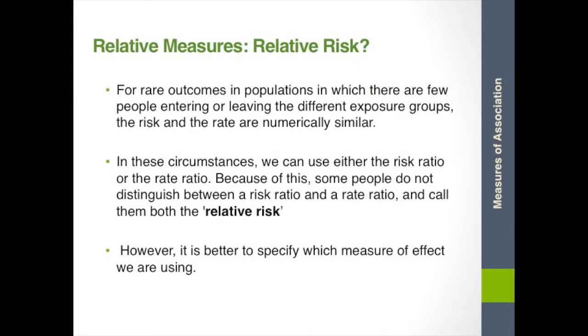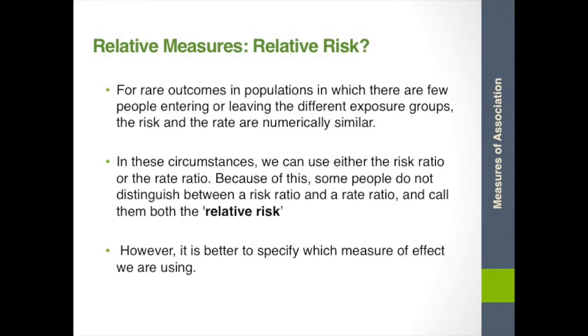You might have seen the term relative risk. For rare outcomes in closed populations, the risk and the rate are similar. In these circumstances, we can use either the risk or the rate ratio. Because of this, sometimes people do not make these distinctions and call them both relative risk.